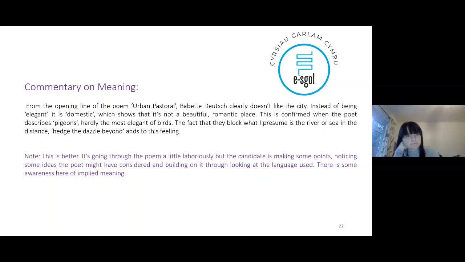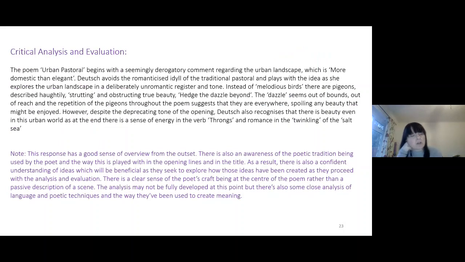to an unseen. So here what you've got is the analysis and evaluation where techniques are being merged. Okay. The poem Urban Pastoral begins with a seemingly derogatory comment regarding the urban landscape, which is more domestic than elegant.